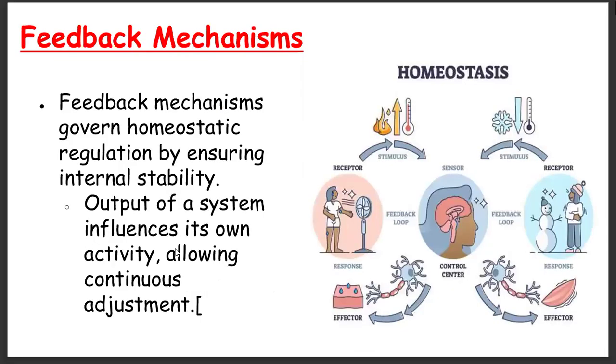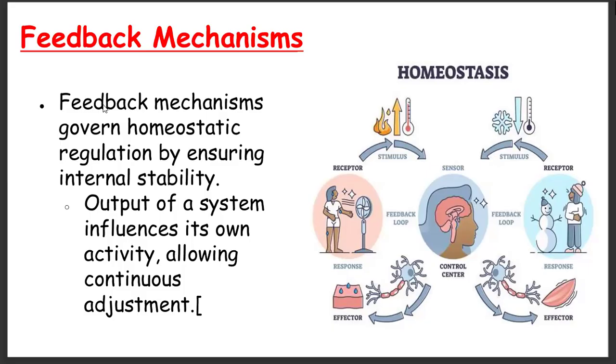Okay, so how do these systems now help to maintain homeostasis in the human body? It is through what we call the feedback mechanisms, or the feedback loops. So when I talk about a feedback loop, this is just referring to a response that the body is going to produce after a certain change in its internal environment has actually been detected.